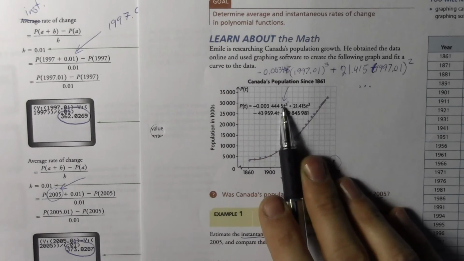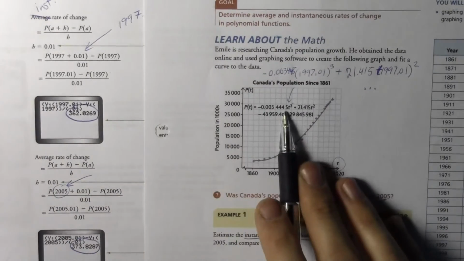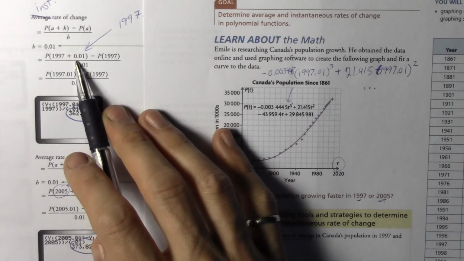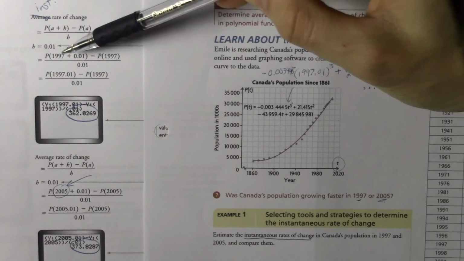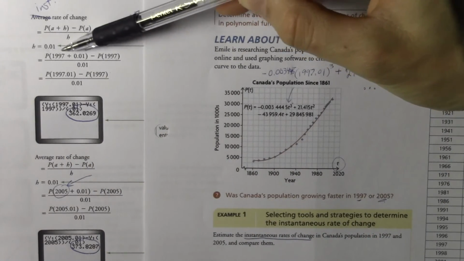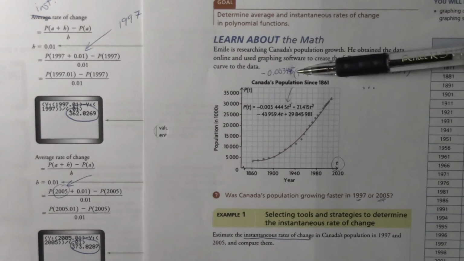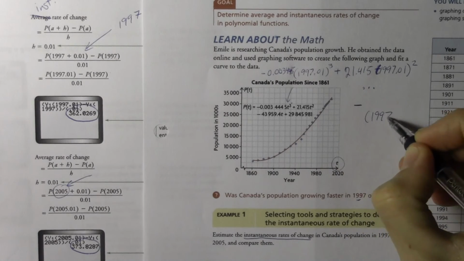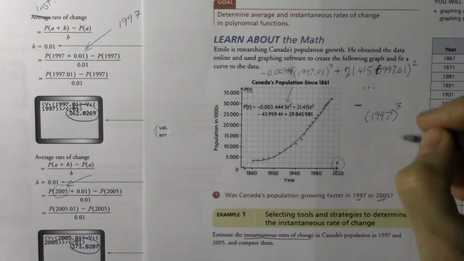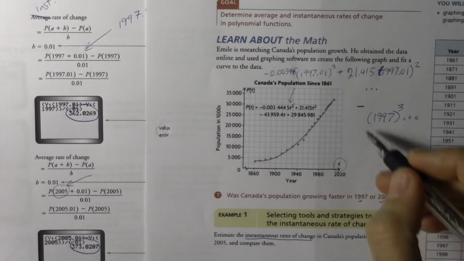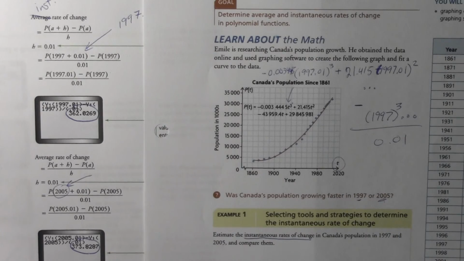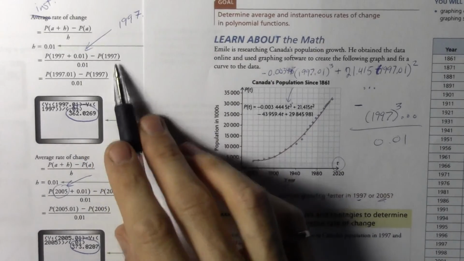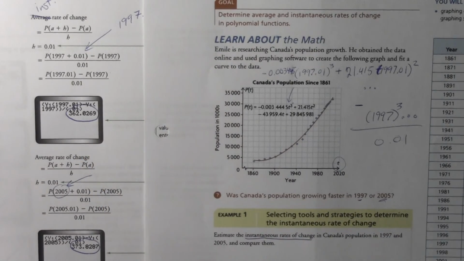Wherever you see t, you plug in 1997 for one, and 1997.01 for the other. So this is what you're plugging in for the t variable, 1997.01, which I did here, and it's all of that minus the same thing where you have 1997 cubed, all over 0.01. You're just taking this value and plugging it in for t, then taking this value and plugging it in for t, and subtracting them. Any other questions there?